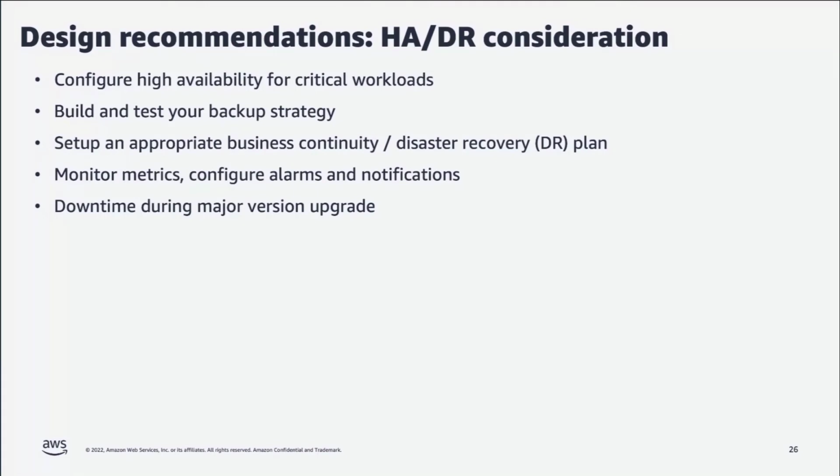Also, ensure that you have a proper DR plan in place for your entire stack, from the control plane to the application plane in your multi-tenancy stack. Amazon Aurora Global Database is designed for globally distributed applications, allowing a single Amazon Aurora database to span multiple AWS regions.